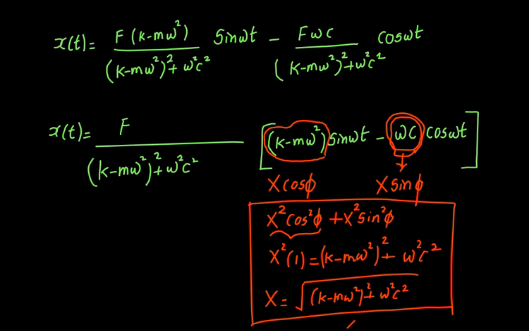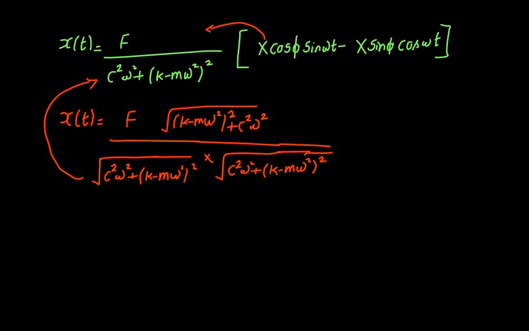So if you look very carefully at these two, inside you will be getting cos phi sine omega t minus sine phi cos omega t. This is of the form sine a cos b minus cos a sine b, so that can nicely be written as sine (omega t minus phi). If you just expand this by the formula for sine (a minus b), it's sine a cos b minus cos a sine b. Now we can cancel these two, right?